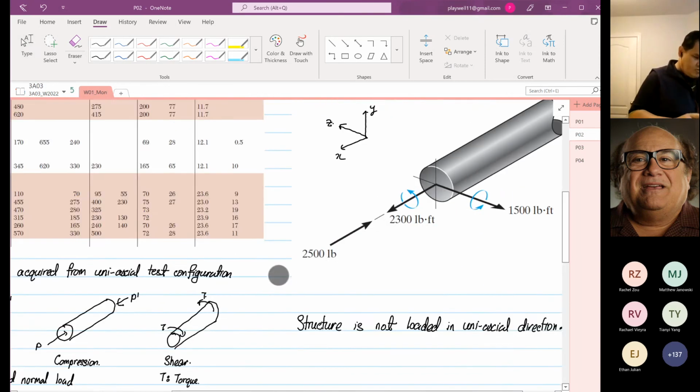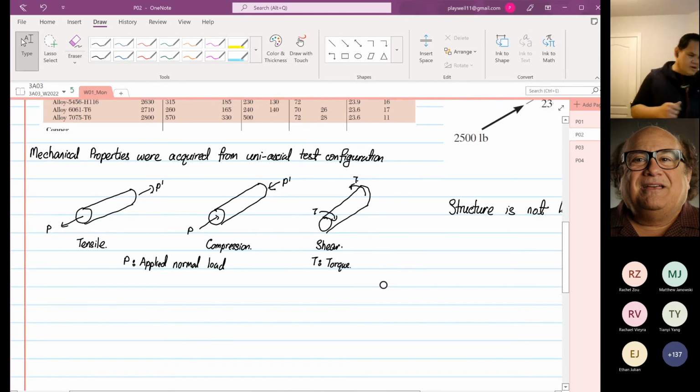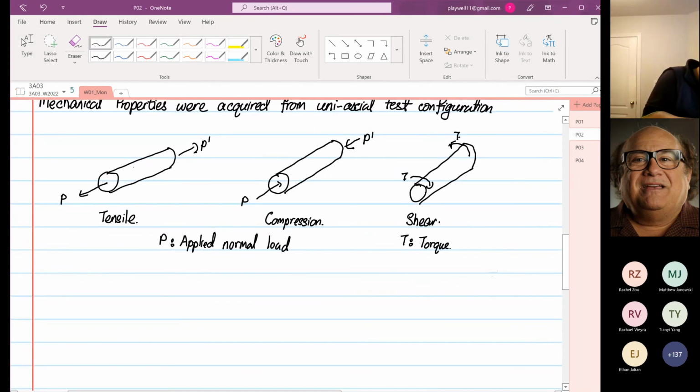Now let's say that we look at an element. Let's look at an element on a tensile test. So let's pick an element. Okay, so this is an element. I'm going to do the same in terms of transformation.